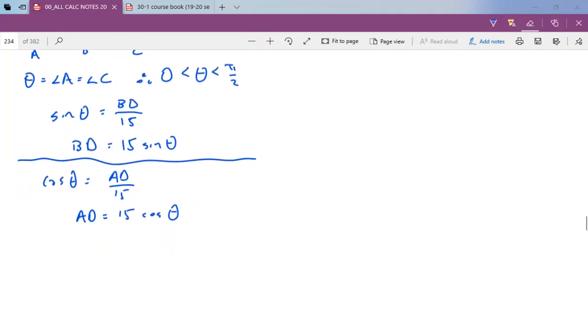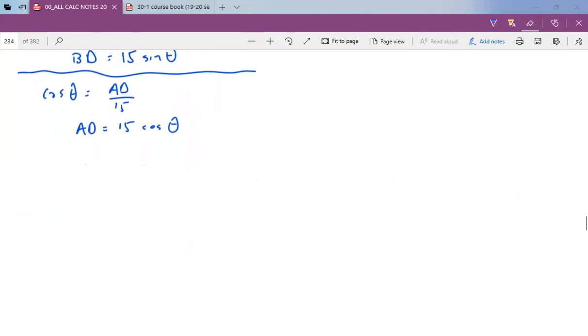And now we're ready to go. So let's formalize all that. Let's write that down. Area is equal to half times base times height, or base times height over 2.